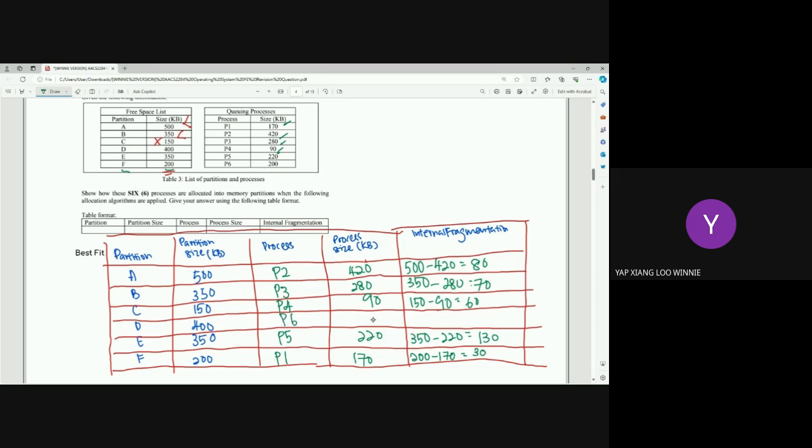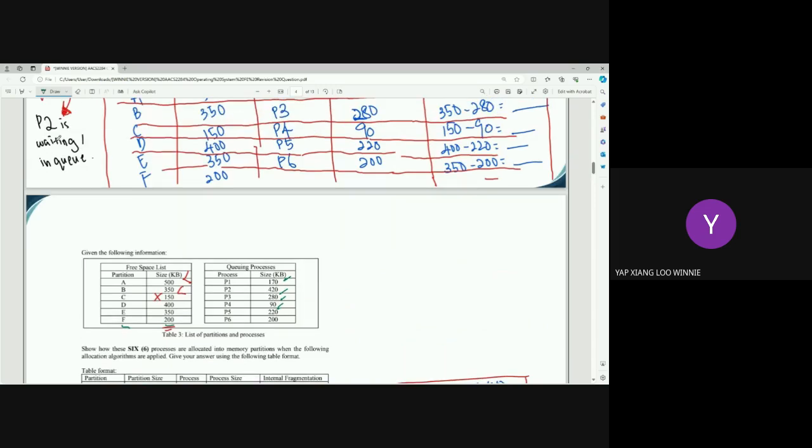You might think, hey teacher, best fit wants the least internal fragmentation, but this one, 200, I put into 400, also a lot of waste. What do I do? Okay, listen here. If the partition is able to hold the process, we would rather process it with fragmentation instead of making it wait, in queue status.